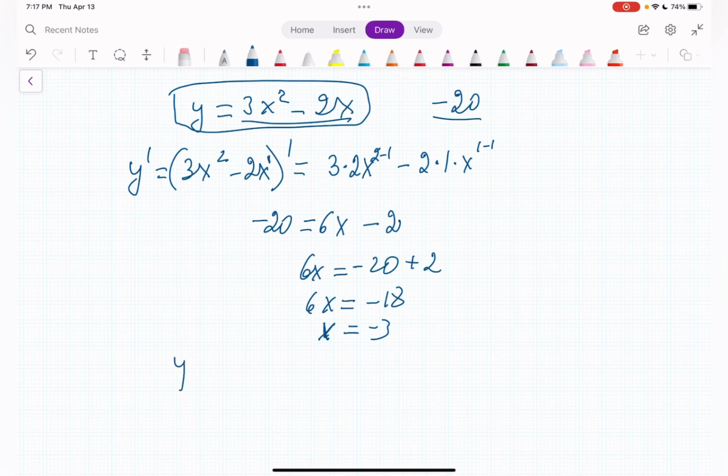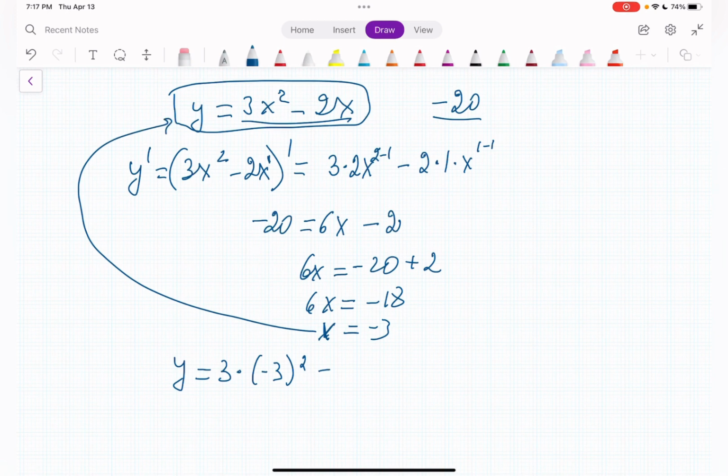So y is equal to 3 times x, which is negative 3 squared, minus 2 times negative 3. And this is going to be equal to: negative 3 squared is 9, 9 times 3 is 27, and then plus 6. And I'm getting 33.